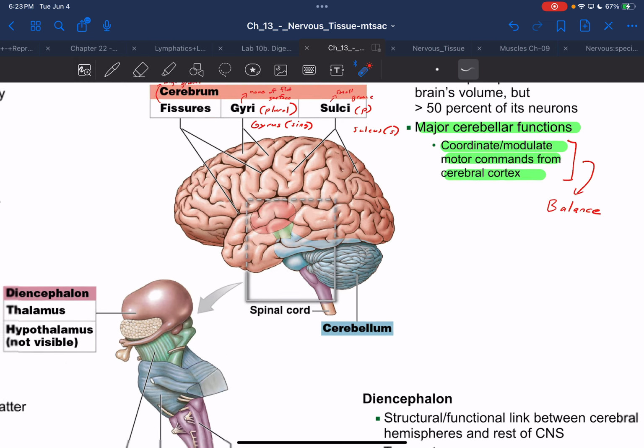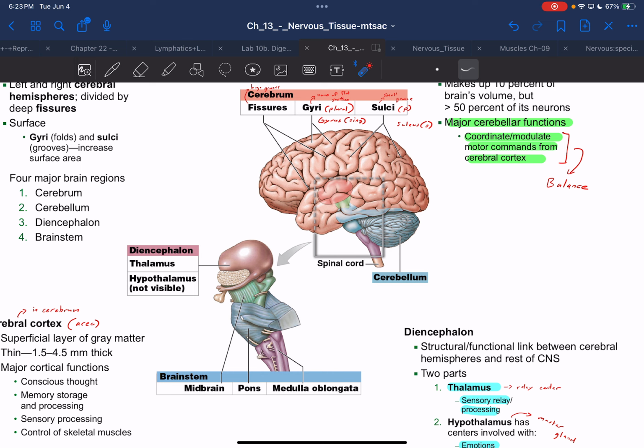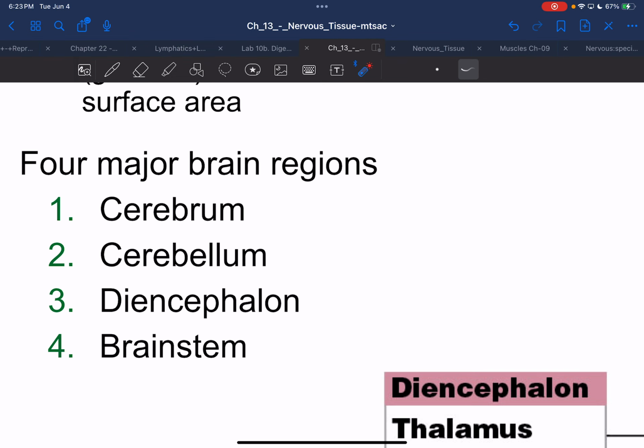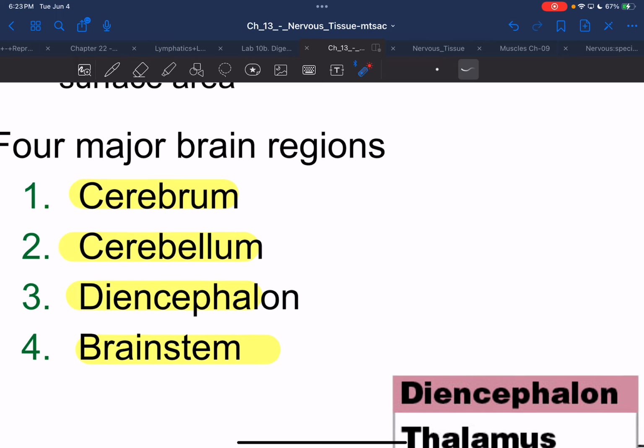You can divide that whole thing into 4 regions. You have your cerebrum, cerebellum, diencephalon, and brainstem. Starting with the cerebrum, we're going to approach each one slowly and simply.